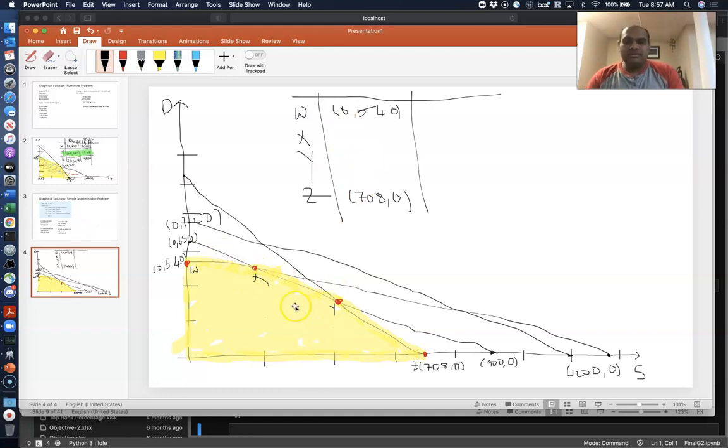So how do we know which lines these are? We know what the endpoints are. This right here was the first straight line that we drew, and this right here is the last straight line that we drew.